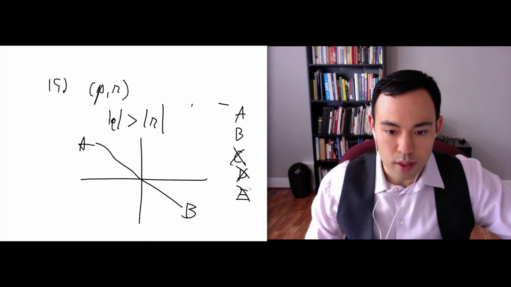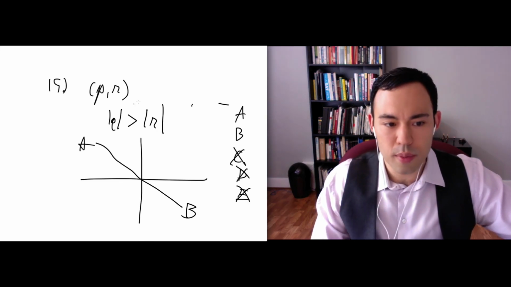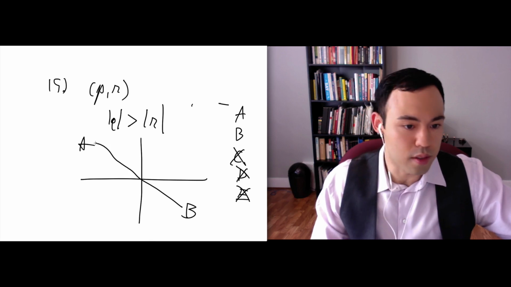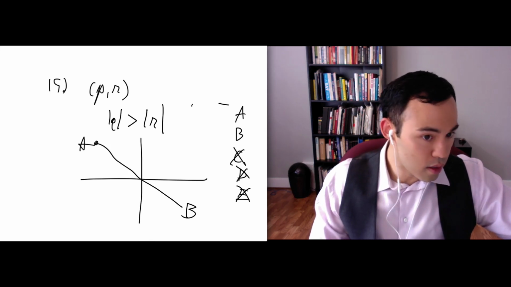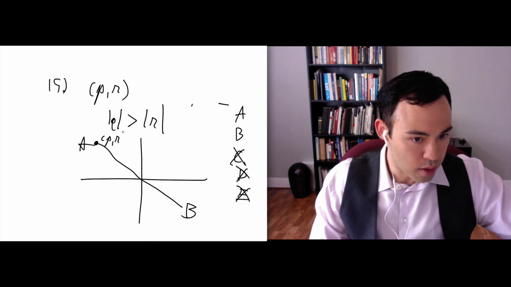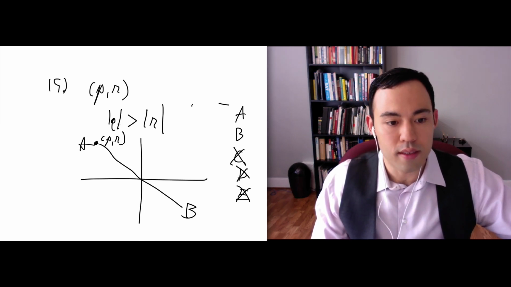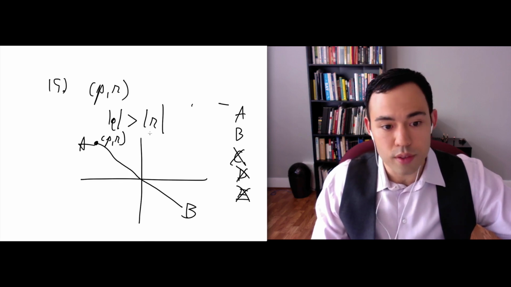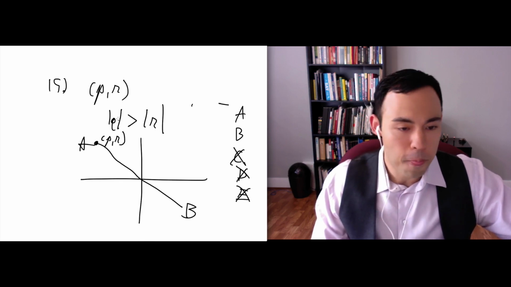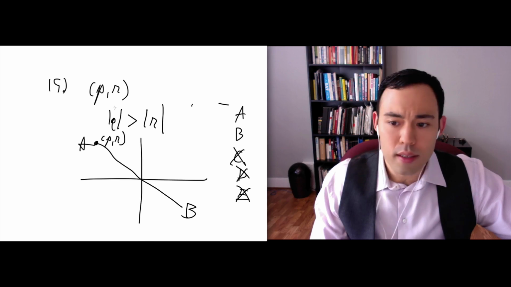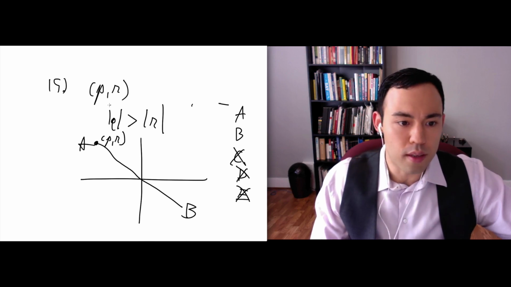Those three are gone. Okay, now let's think about these absolute value conditions. In (P, R), the absolute value of P being greater than the absolute value of R means that the distance from 0 to P is bigger than the distance from 0 to R. So why don't we just plug in something, anything at all.